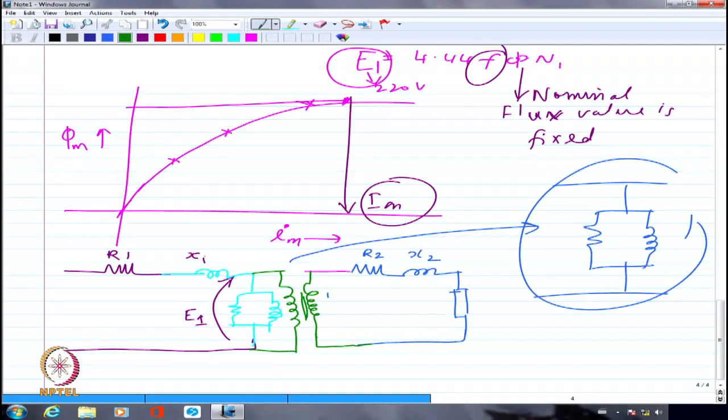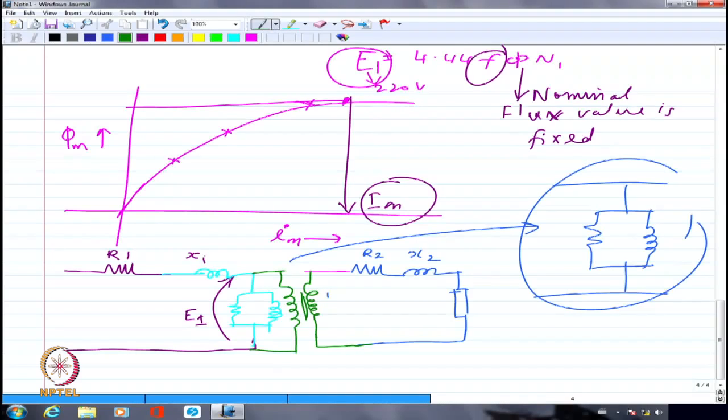N2 by N1 the whole square has to be multiplied for each of the parameters. But normally we show it on the primary side because we assume the excitation is always coming from the primary side and the load is always connected on the secondary side. This is our assumption, as simple as that.